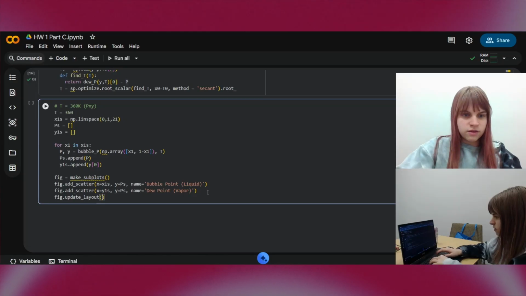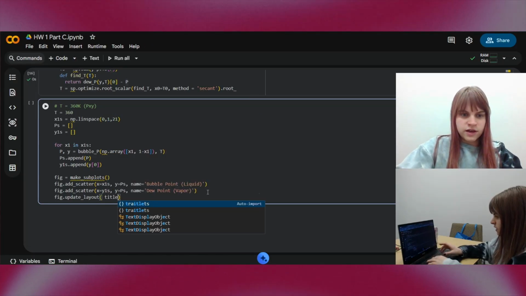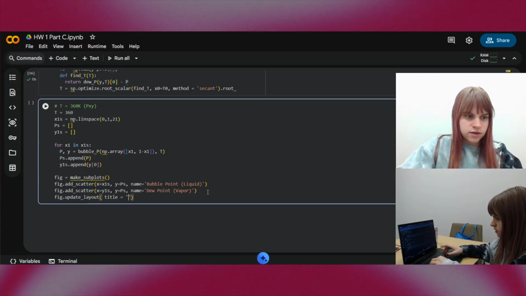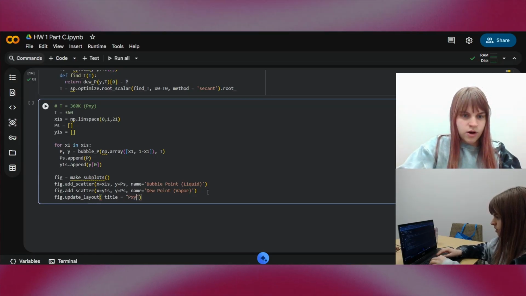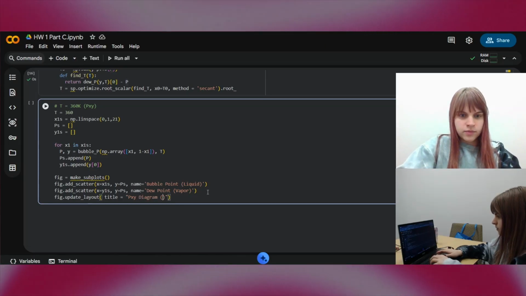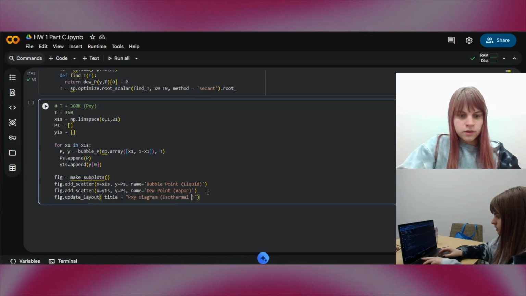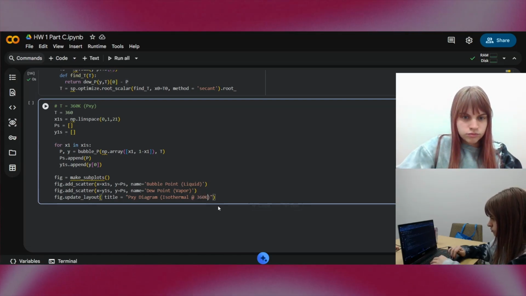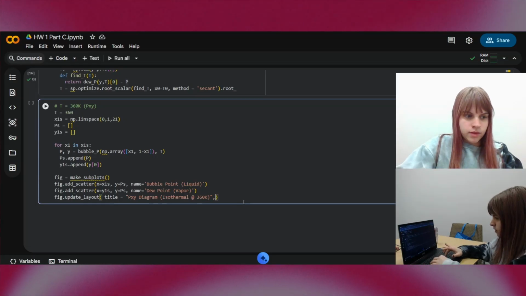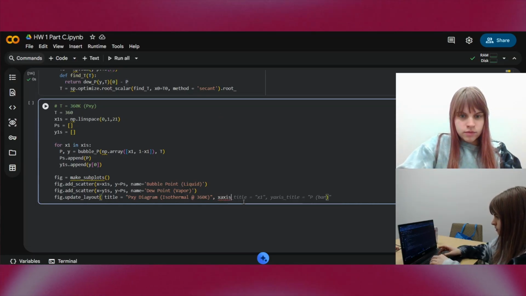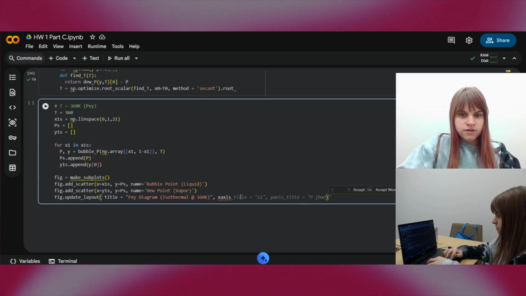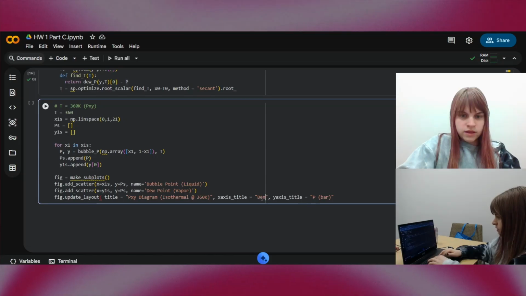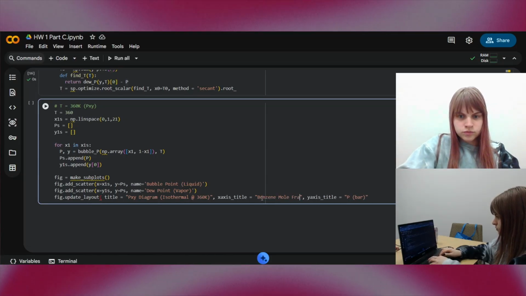I want to update the layout, so giving it a title. I'm going to call it the PXY diagram. It's isothermal at 360 degrees Kelvin. I want to title the x-axis the benzene mole fraction.